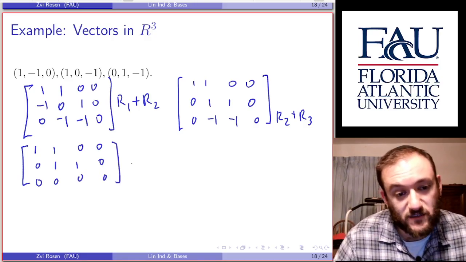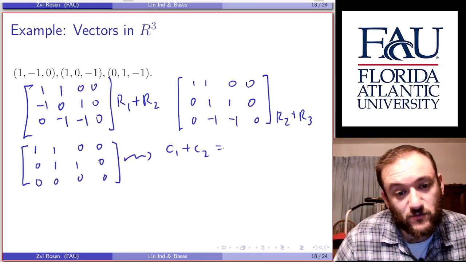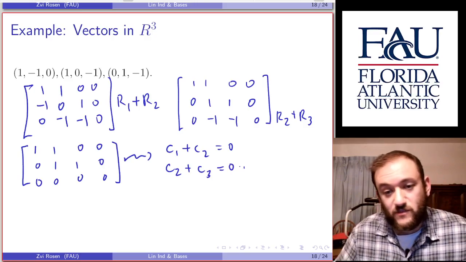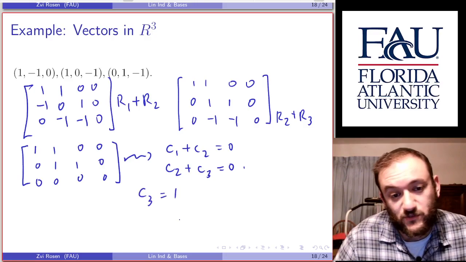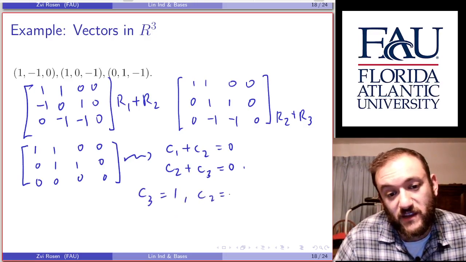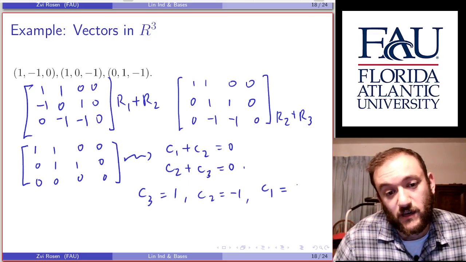So what this tells us is C1 plus C2 is equal to 0, and C2 plus C3 is equal to 0. That means C3 is free, so we can set C3 equal to 1, then C2 is minus 1, and C1 would be 1.